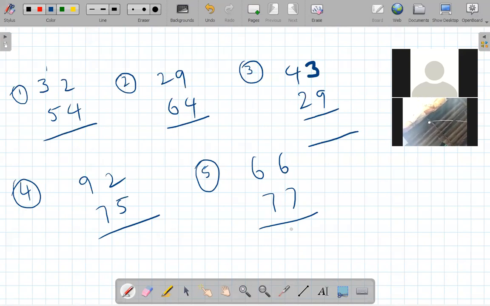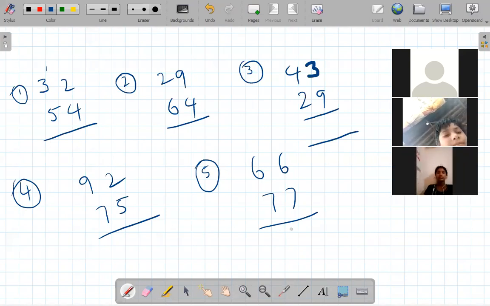No worry. You can post answers in the group, but you better do all these multiplications on paper as per the system I told you. If you write direct answers, I don't accept. Direct answers will not be accepted. Whatever the method I have discussed with you, you should follow the same method.